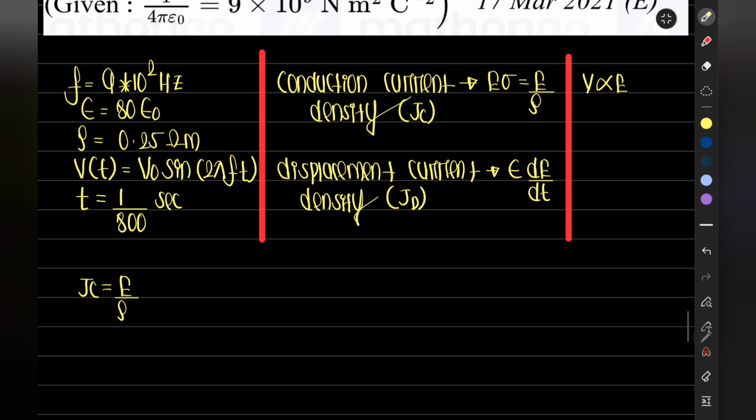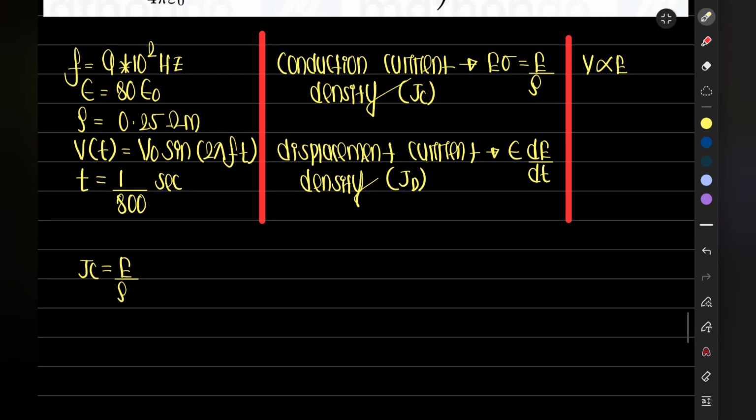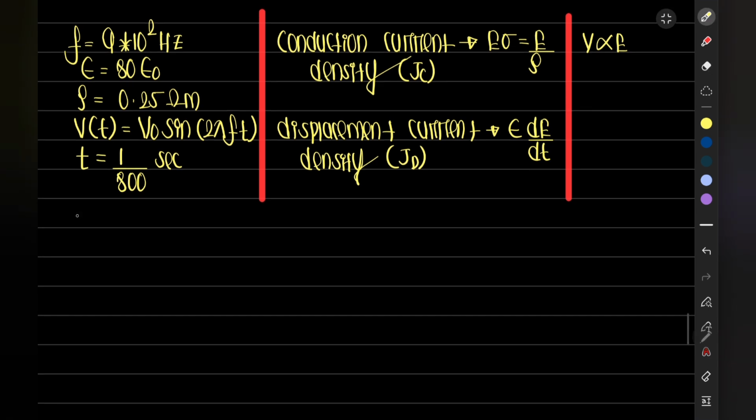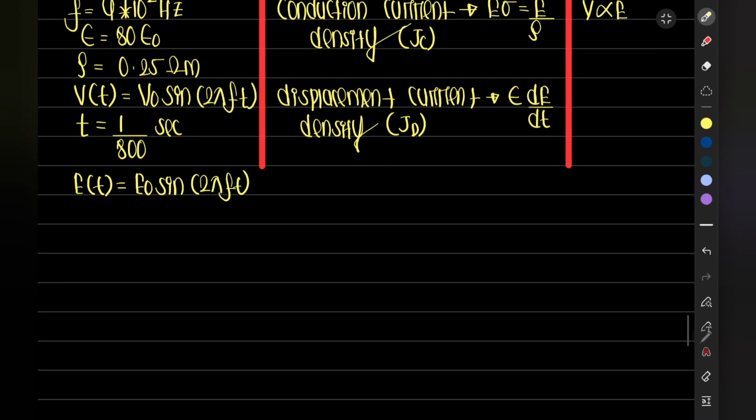So just like we have the equation of voltage V of t equals V naught sine 2 pi ft, I can form one equation for electric field also, and that equation becomes the changing electric field E of t equals E naught sine 2 pi ft.